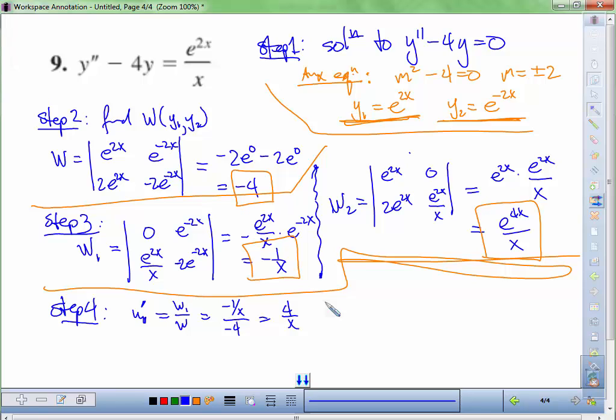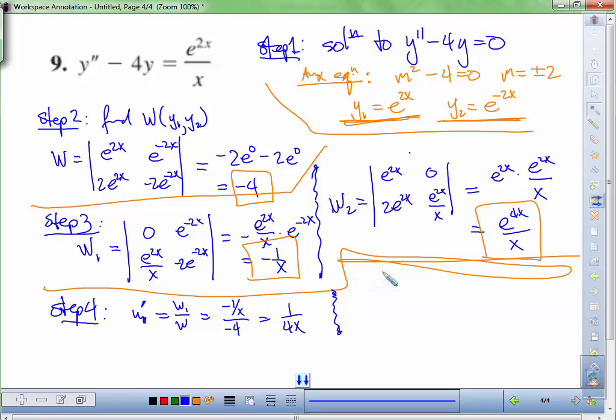What? Should it be 4x? 1 over 4x? 1 over 4x. All right. And we're going to integrate that, so I'll probably take the 1/4 out, and we'll do that in our next step.